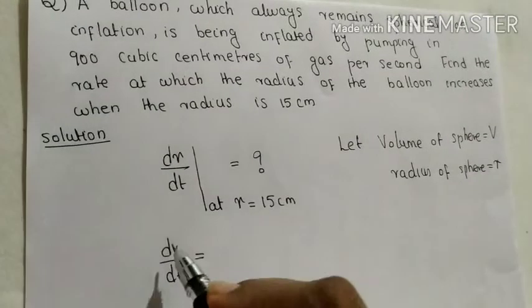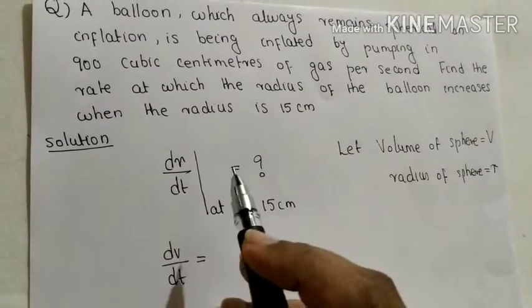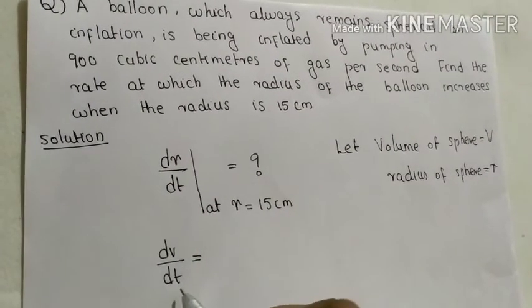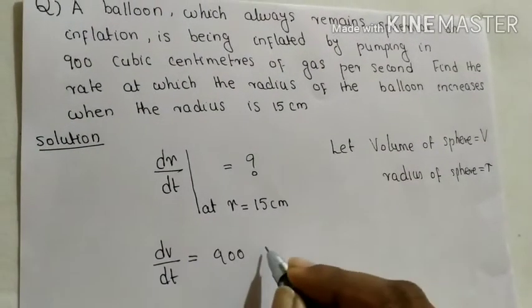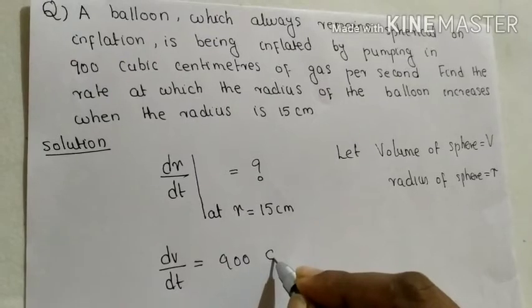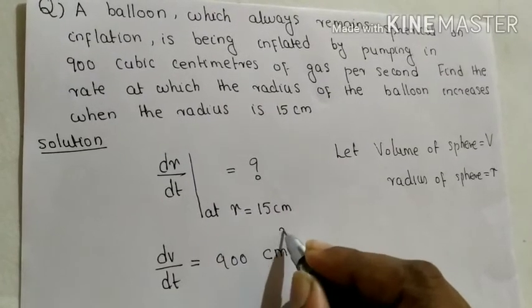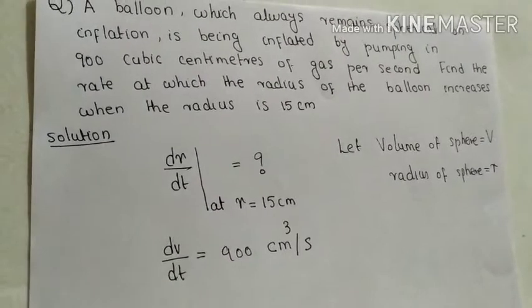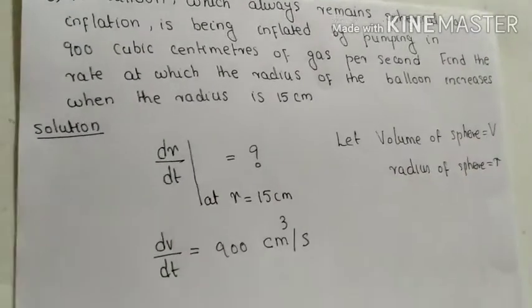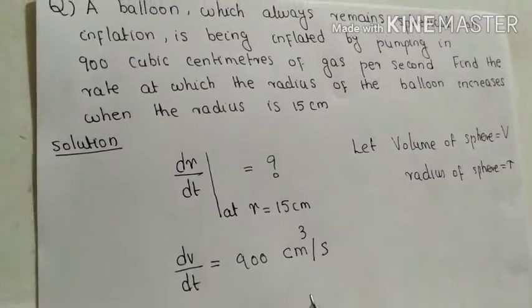So given that dV by dt, that is rate of change of volume with respect to time, is 900 centimeter cube per second. Okay.